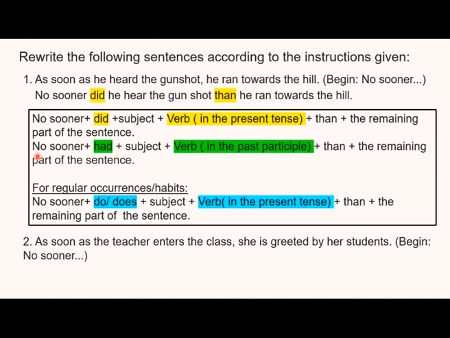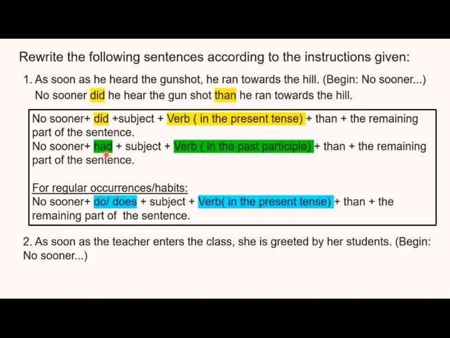If the sentence is no sooner had, then you need to remember the verb should be in the third form. So the correct answer will be no sooner had he heard the gunshot than he ran towards the hill. Now the exception is when you have sentences which talk about regular occurrences or habits. This was also explained in a previous video, but let me repeat.